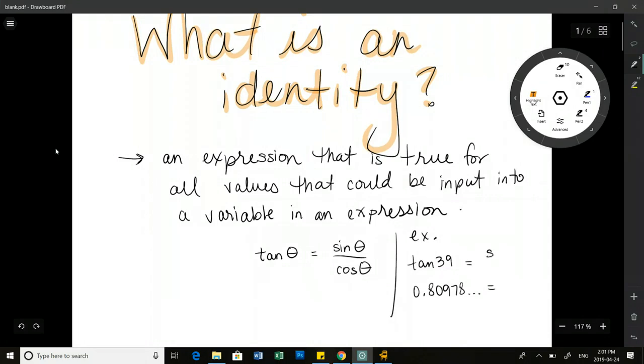Sure. Now I want you to try the sine of 39 divided by the cos of 39. This is all degrees. I'm going to show you that each side is equivalent here. I want to see if the sine of 39 divided by the cos of 39 gives us that 0.8097 whatever value. What did you get?